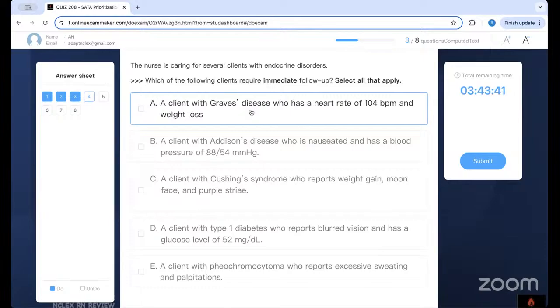Cushing with the weight gain, moon face, they are all normal findings you see in Cushing patient. But if you have type 1 diabetes with the blurred vision and what? Hypoglycemia, right? Bad problem, bad problem, bad problem. The glucose is 52 and I have blurred vision. That's bad.